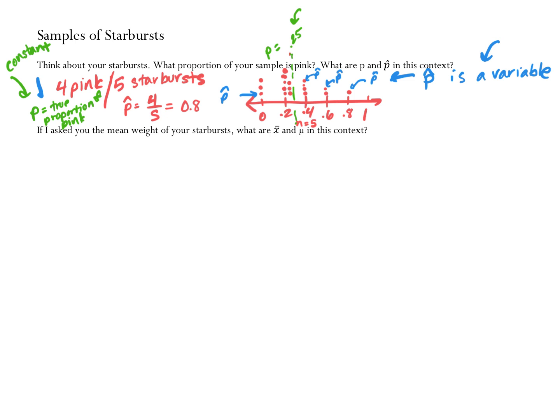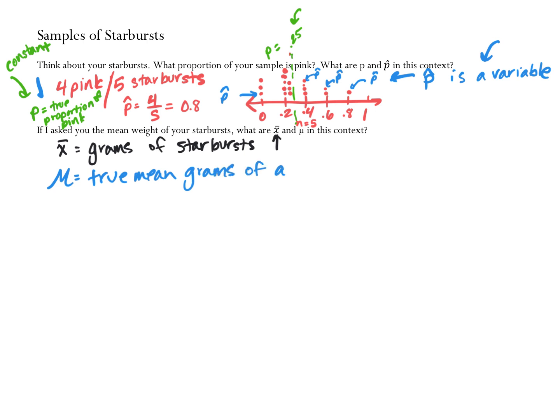Now, I didn't have us do this because I didn't want to go get the balances from Dr. Lee, but we could also have taken each of our Starbursts and weighed them in grams, right? So you could take the average grams of, say, your 5 Starbursts. And then we would ask, what does that make the true mean grams of all the Starbursts?